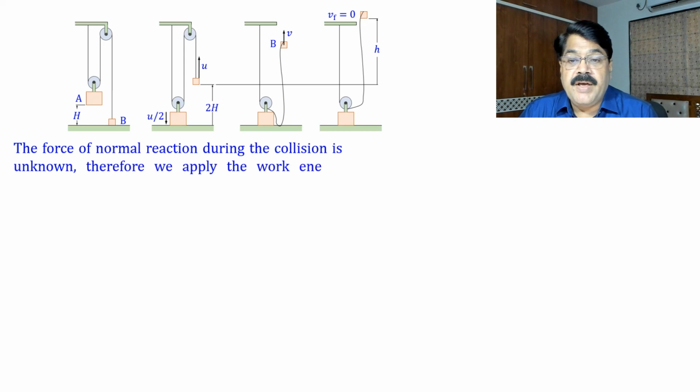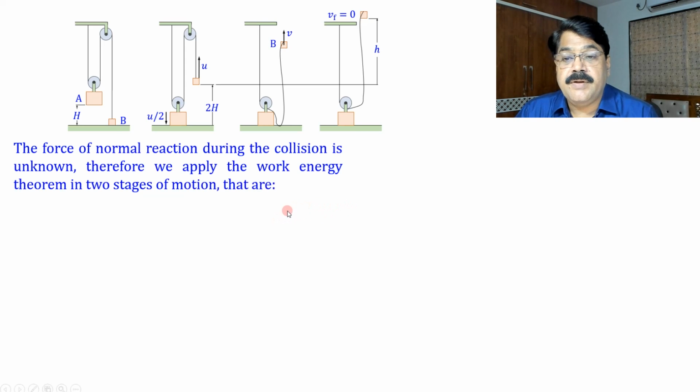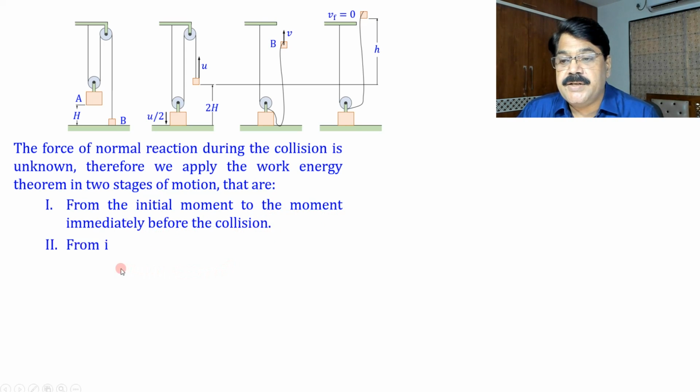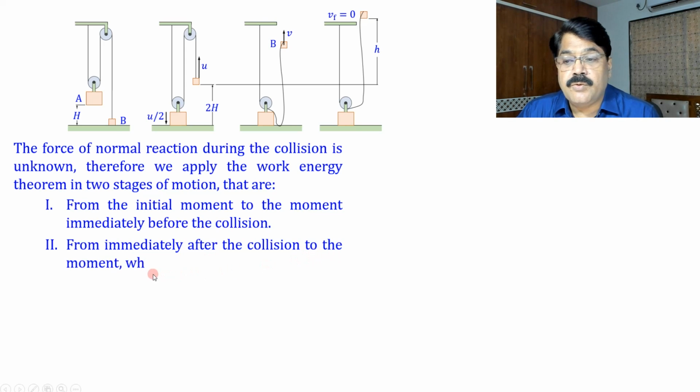Therefore, we apply the work energy theorem in two stages of motion: stage 1, from the initial moment to the moment immediately before the collision, and second stage, from immediately after the collision to the moment when block B stops. So we apply the work energy theorem for the two stages on the entire system as a whole.